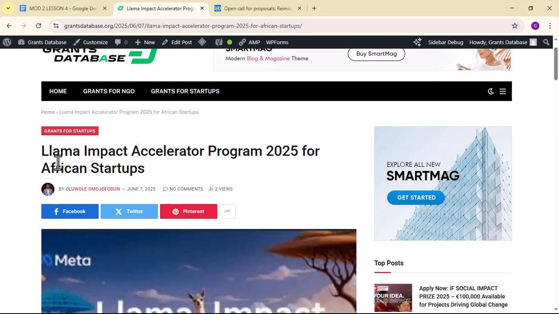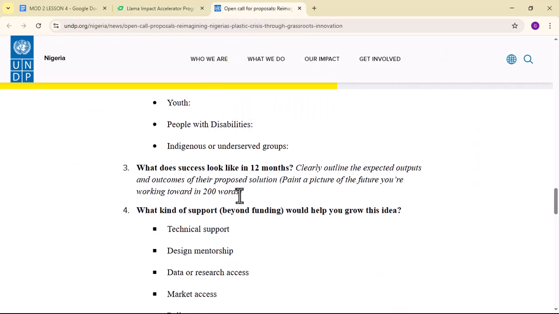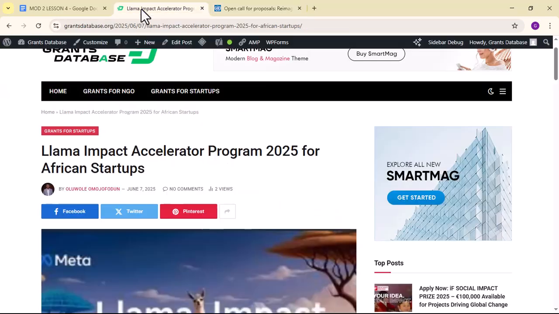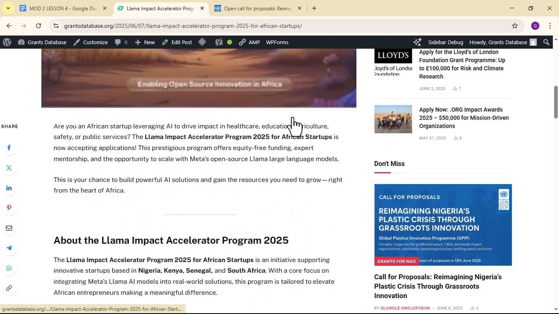One thing I want you to know is that when we look at the previous one, the eligibility is NGO or community-based organization. But here it's already stated for startups: Llama Impact Accelerator Program 2025 for African startups.